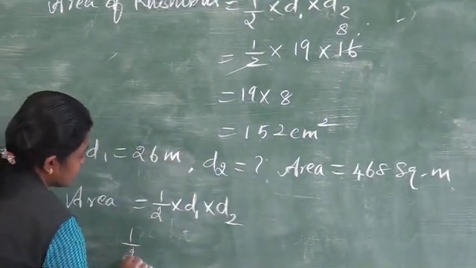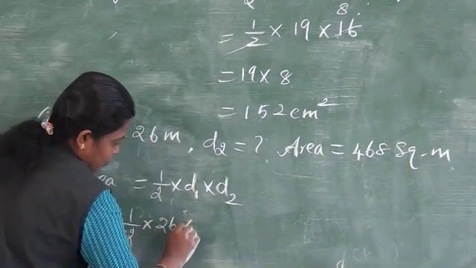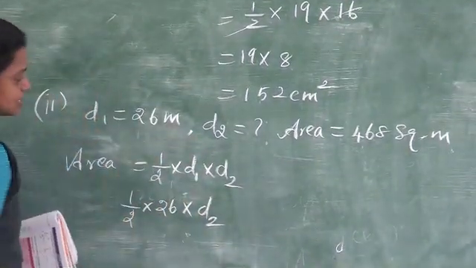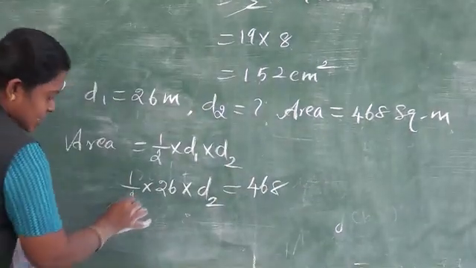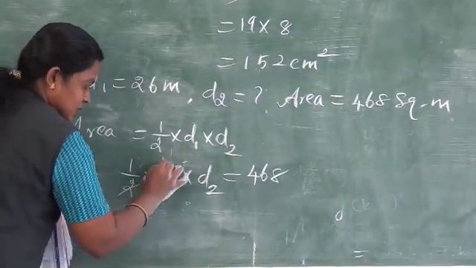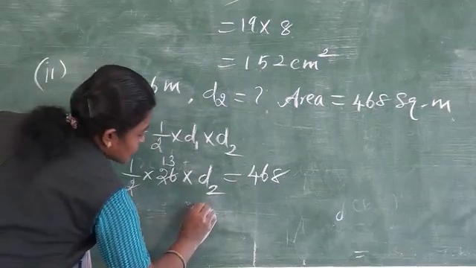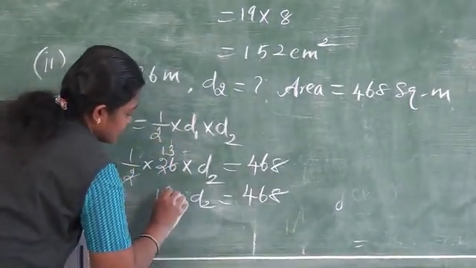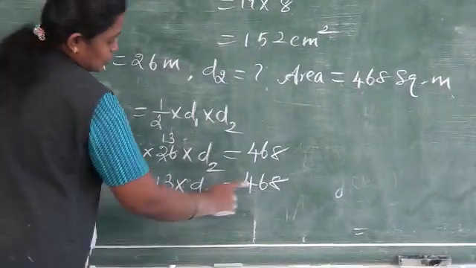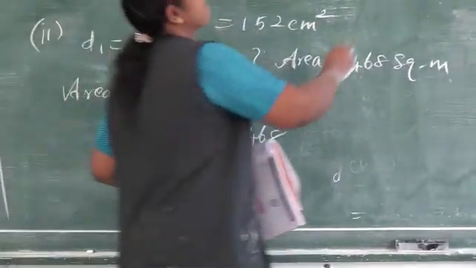You know what is D1? 26. I have to find out D2, so I kept as it is, equal to 468. Now we can cancel these two, no? 13 2s are 26. So 13 into D2 equal to 468.